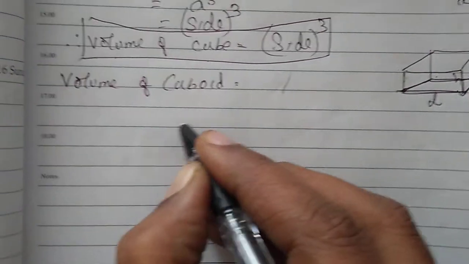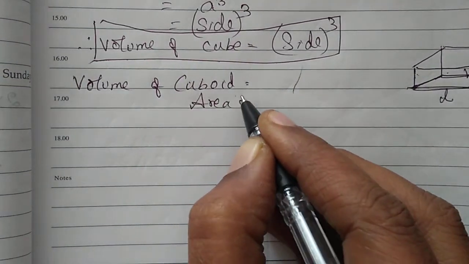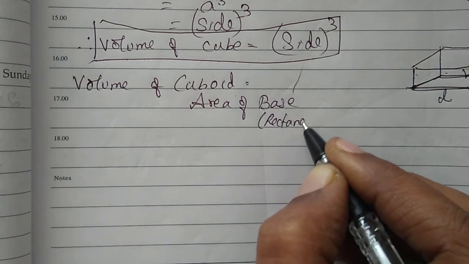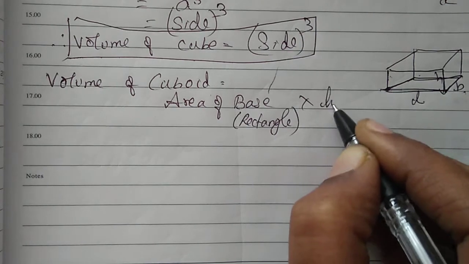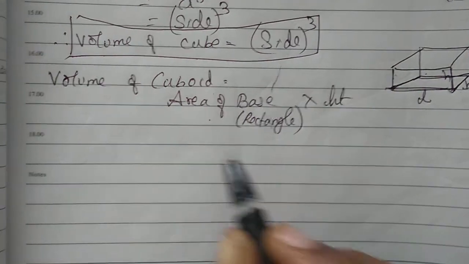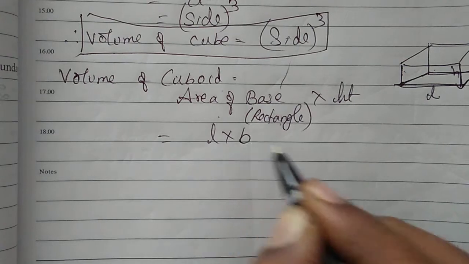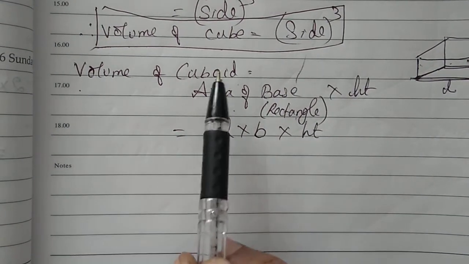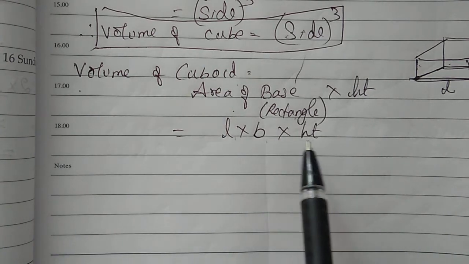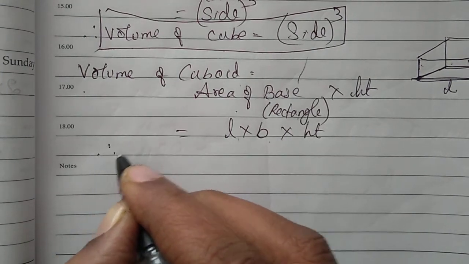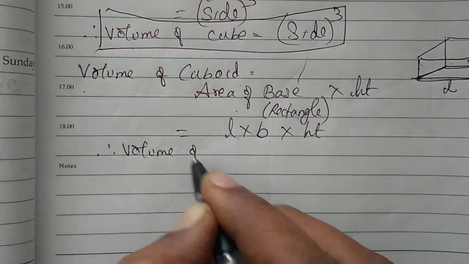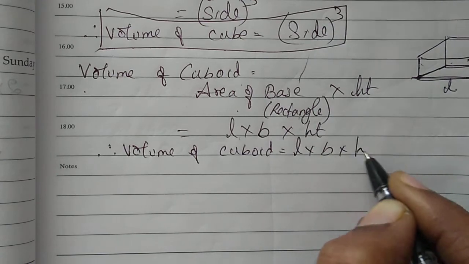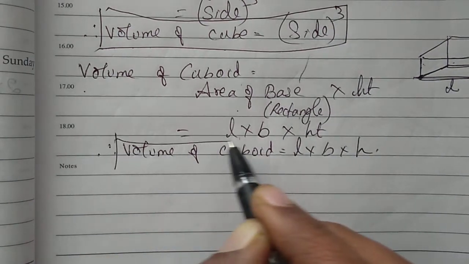So volume of cuboid is area of base, which is in the shape of a rectangle, multiplied by height. Area of rectangle, what formula? Length into breadth, multiplied by height. So we say volume of cuboid is length into breadth into height. Therefore volume of cuboid is L into B into H. Okay, so this we have done.